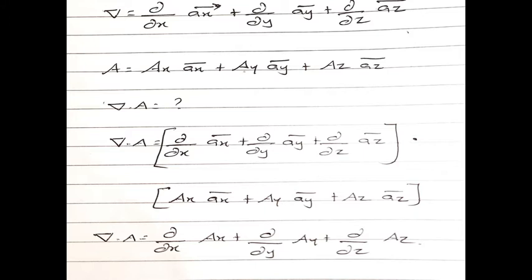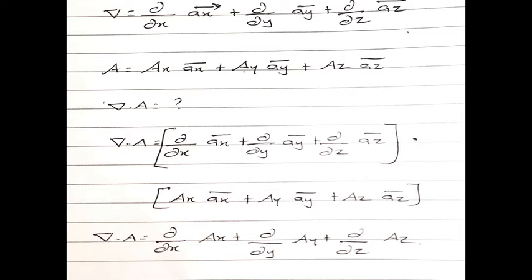Then the vector A is equal to Ax ax vector plus Ay ay vector plus Az az vector. So from this we have to find del dot A.